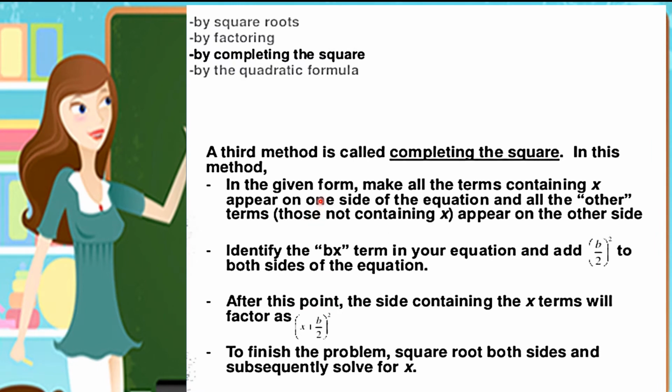So next is by completing the square. The third method is called completing the square. In this method, in the given form, make all the terms containing x appear on one side of the equation and all the other terms not containing x appear on the other side.